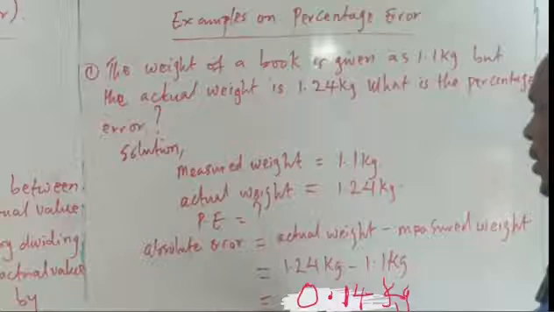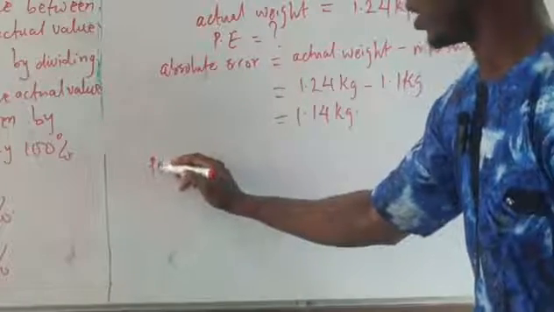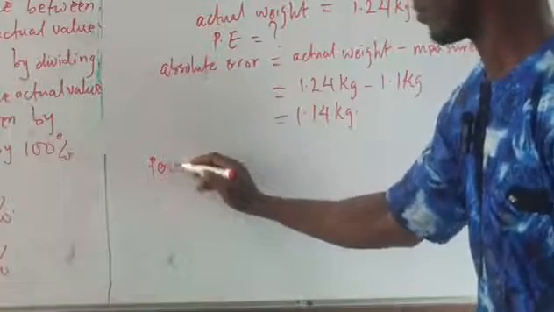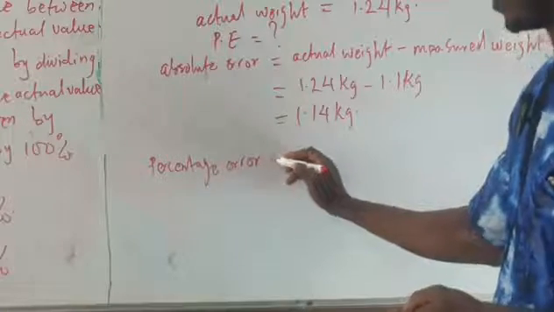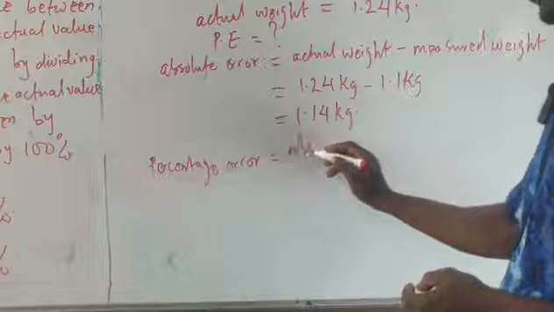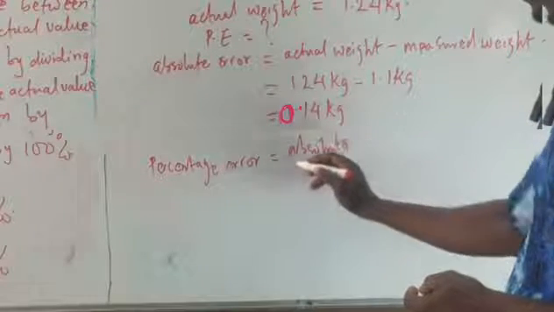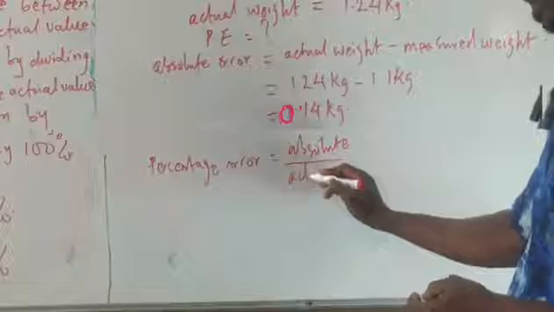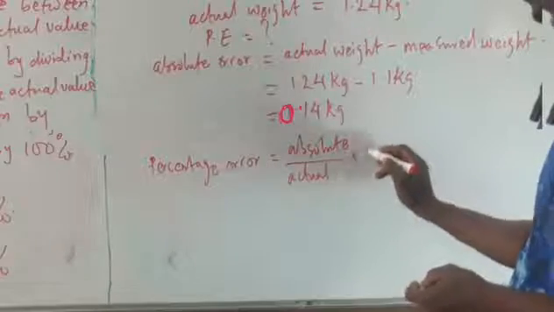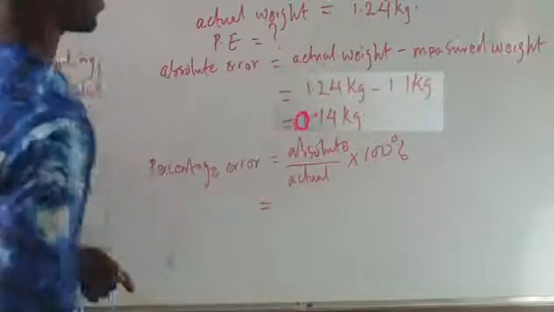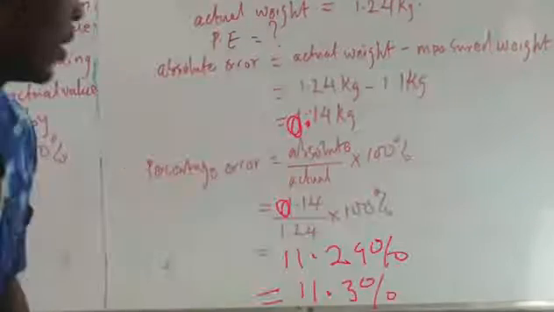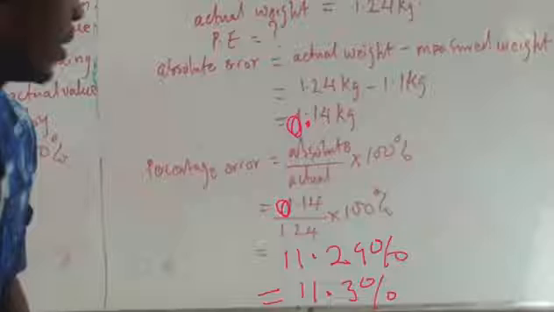To now get the percentage error, it will be equal to absolute error all over actual, multiplied by 100%. So we have absolute error, that is 0.14, all over actual value, that is 1.24, multiplied by 100%.